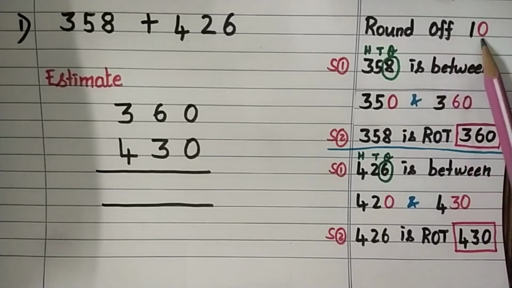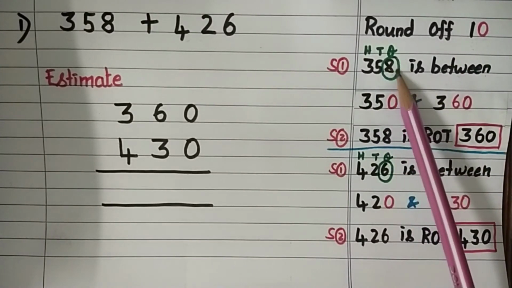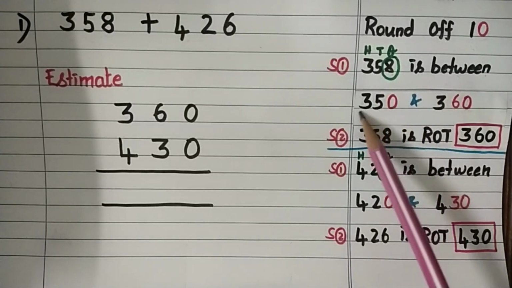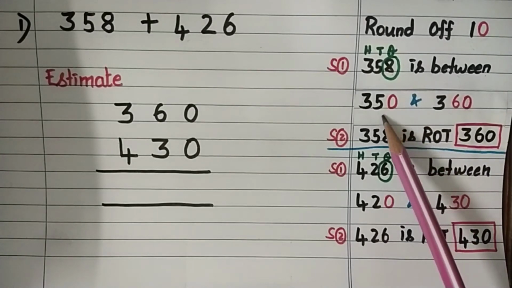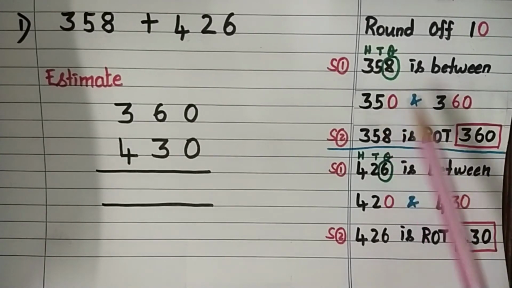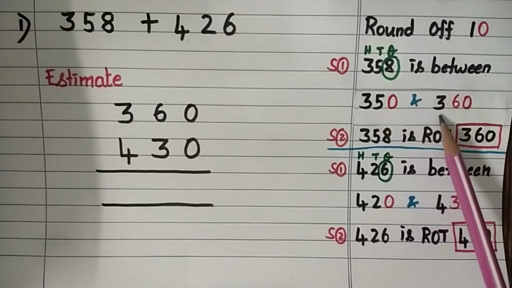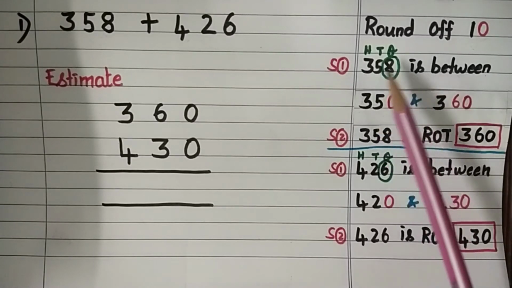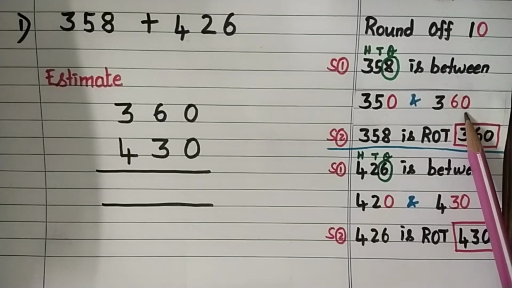To round off to the nearest 10 means 10 will have a 0 in the ones place. So in the question, you have to change the ones place to a 0. So 358 should be changed to 350. To find the next number, what do we need to do? Yes, you are correct, children. Add 10 to this and find the next number. 350 plus 10 gives what? 360. So we know that 358 is between 350 and 360.